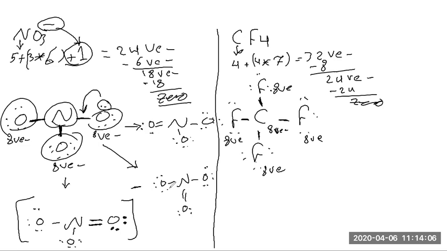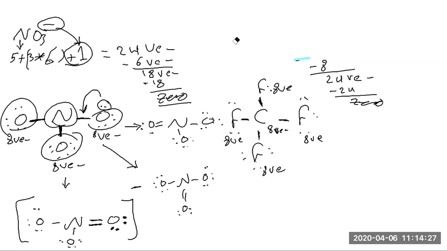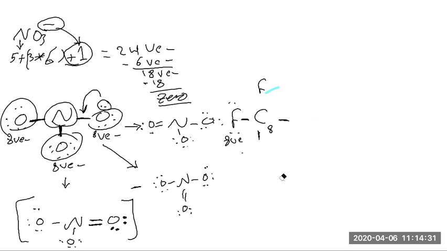So that means it's possible, and we follow the rules of Lewis structure drawing. Now, the question is, which one represents the real one? The answer is, none of them represents the real one.